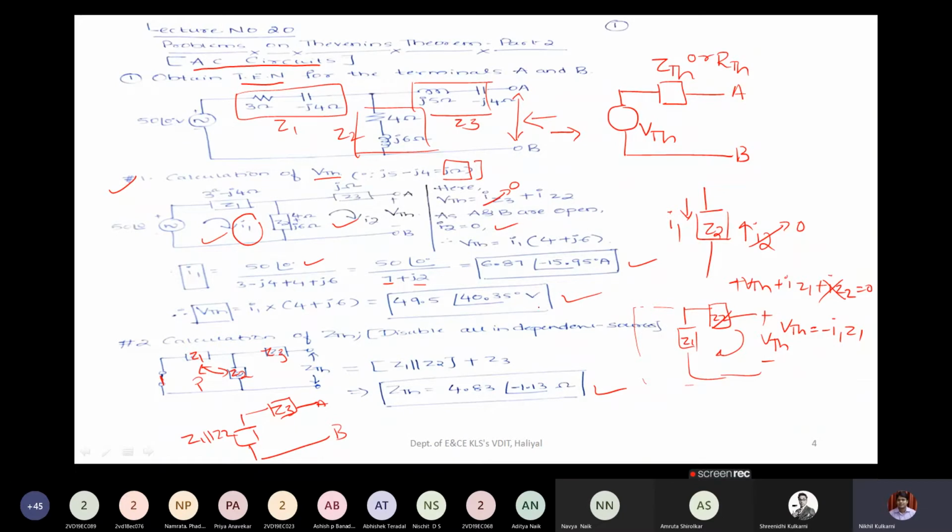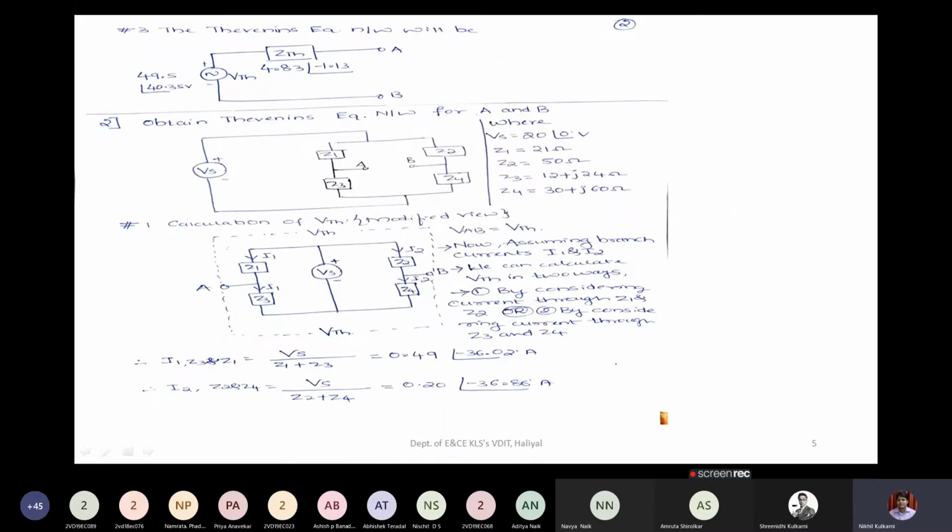If you do that using the calculator, you should get this value. So we got both VTH as well as ZTH. Once you confirm these values properly, then you can go for the equivalent network with VTH and ZTH. If you solve this much, you can get around 6 to 7 marks, or even sometimes for 10 marks also they will ask.